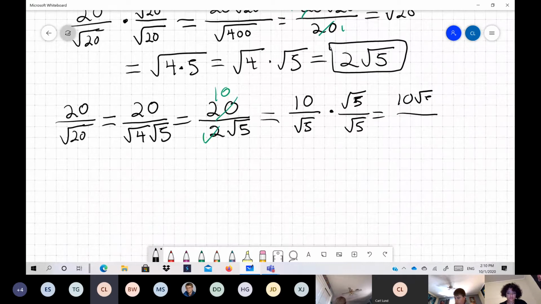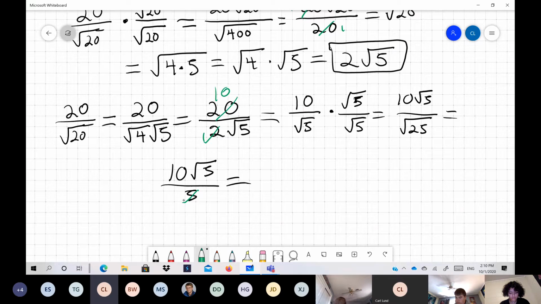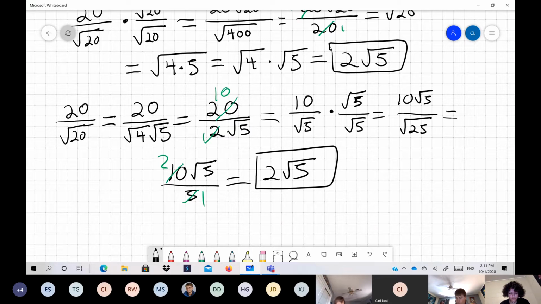So I get 10 square root of 5 over the square root of 25. That is 10 square root of 5 over 5. Again, I simplify, and I get 2 square root of 5. So it doesn't matter which approach you take, both roads lead to the same answer.